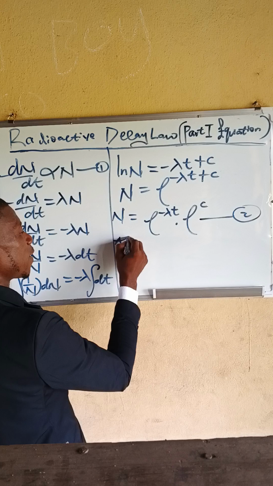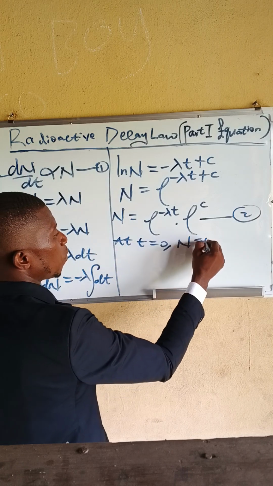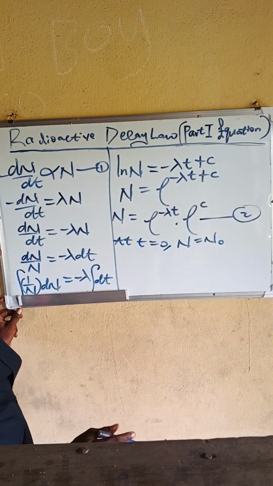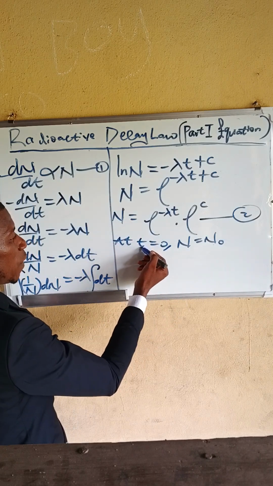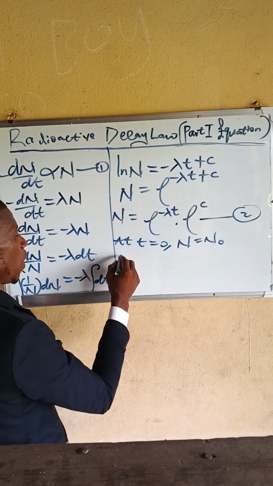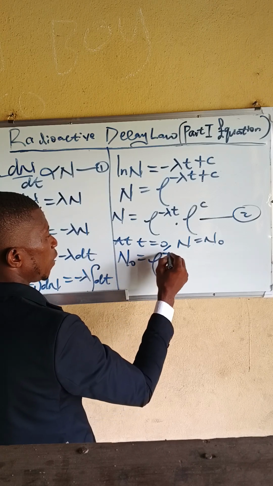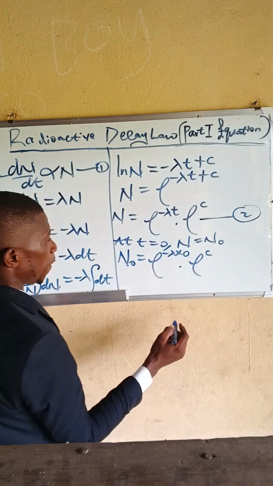Then at t equal to 0, I can say N is equal to N naught. What does it entail? It means wherever you see N, you put N naught, and wherever you see t, you substitute 0. So I'm going to have N naught is equal to exponential negative decay constant times 0, times exponential c.